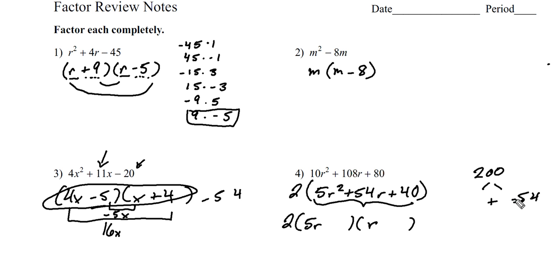And if you do that, you're going to find that the two numbers that multiply to be 200 but add up to be 54 is 4 and 50.